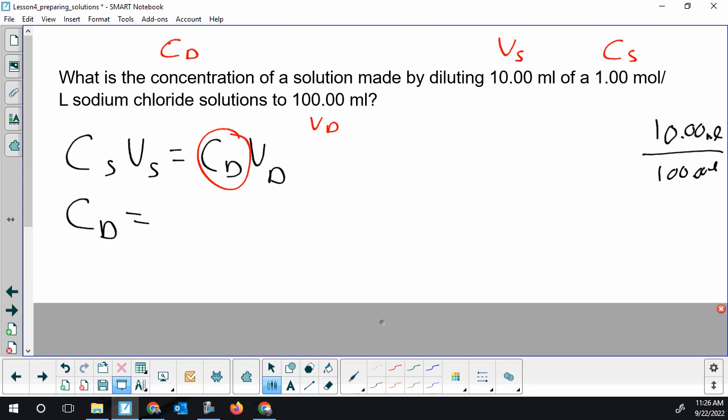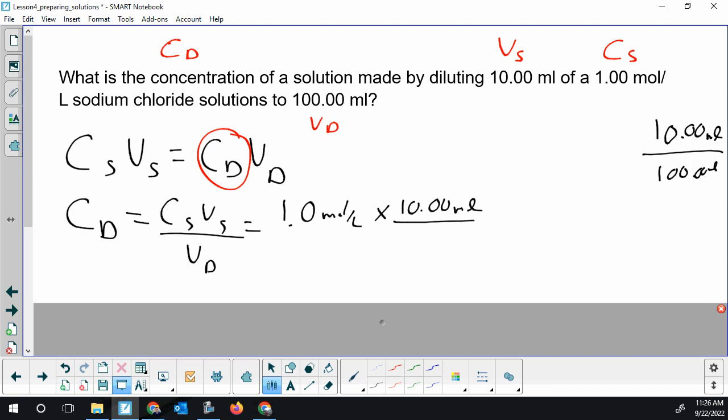Concentration of dilute equals concentration of the stock, volume of the stock, over volume of the dilute. 1.0 moles per liter times the 10 mils that was in a pipette divided by the volume of the dilute, which is 100.